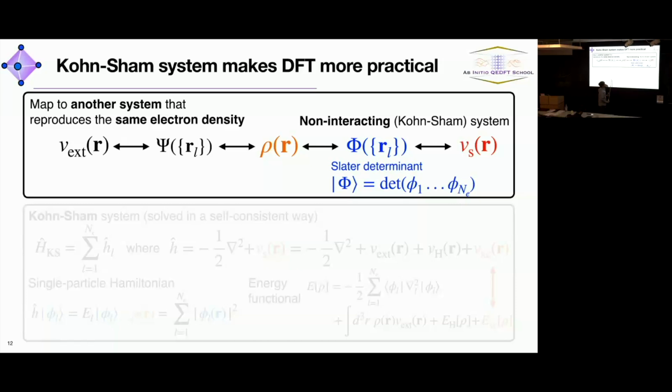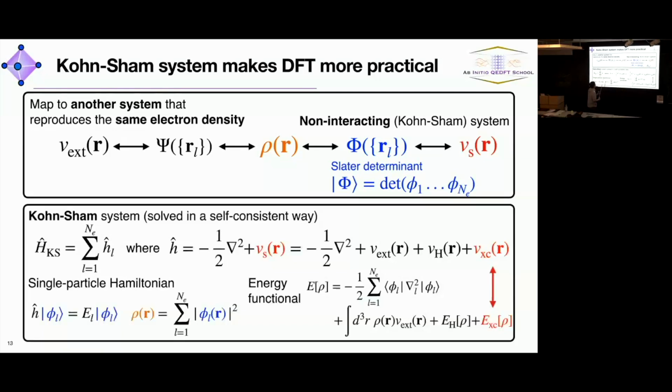We can also do the same thing for the non-interacting system. When I say non-interacting system, it means electrons don't interact with the other electrons, so we don't have an electron-electron interaction in this picture. Here what we have is another external potential, which we call Vs, and I'm going to show you here. You can see this is the Kohn-Sham Hamiltonian.